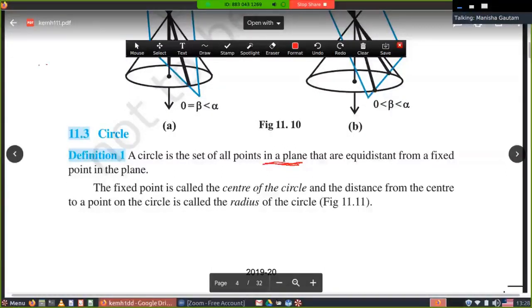If these are the points, I'm marking the points like this. These points are at a fixed distance, the radius, from a fixed point, and the fixed point is known as the center. If such points are joined, you get a circle.